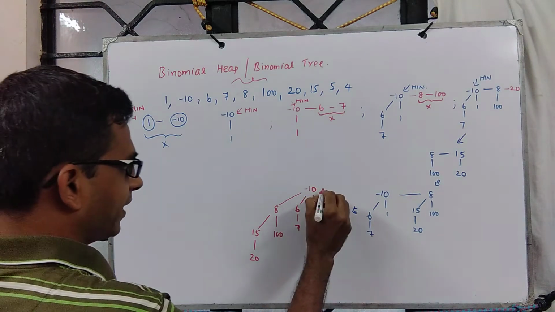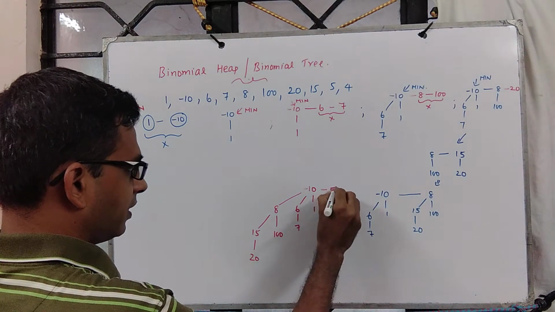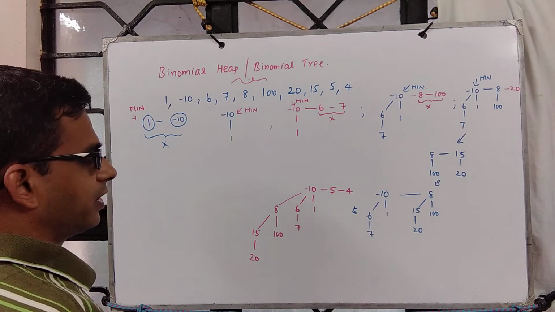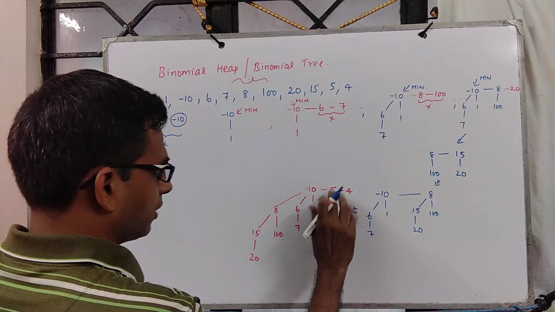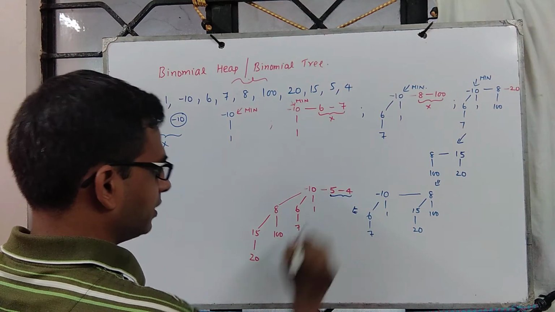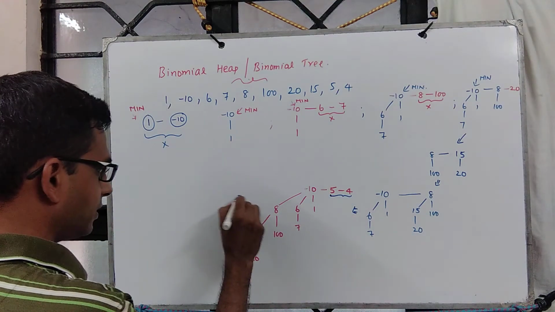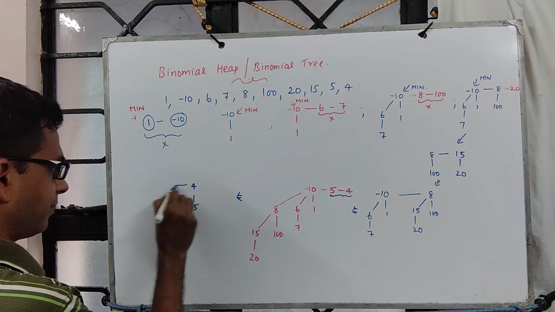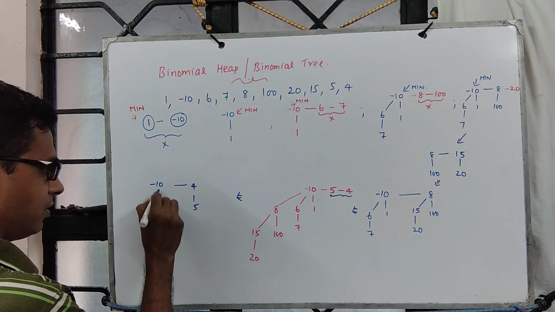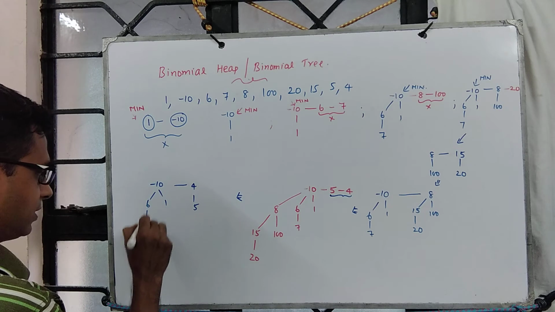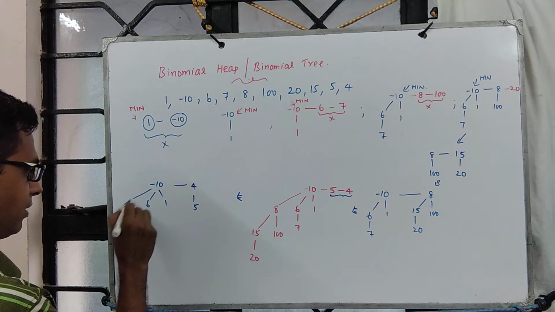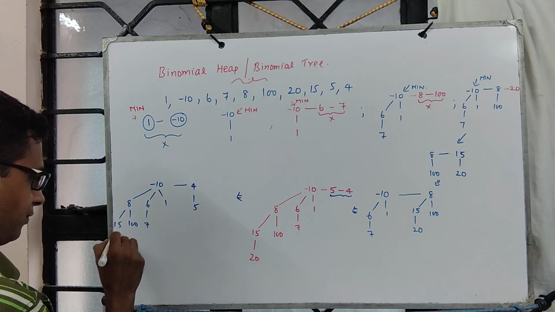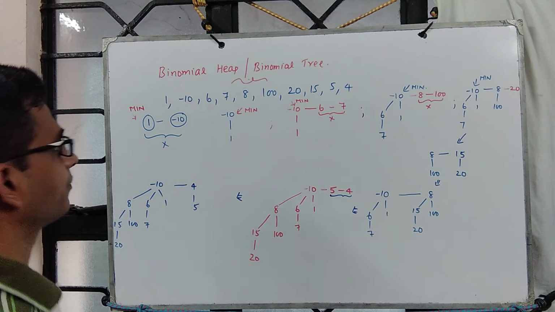Then we add 5, then we add 4, and 2 copies of this is not allowed, which means these two are merged, so we get 4, 5, -10, below that 1, 6, 7, 8, 100, 15 and 20.